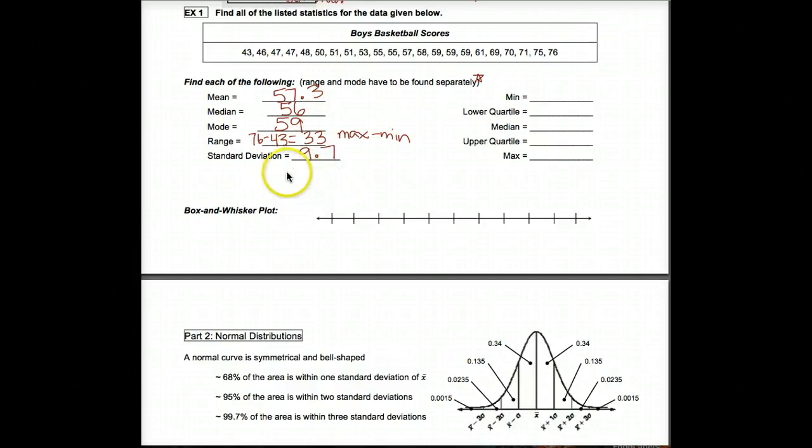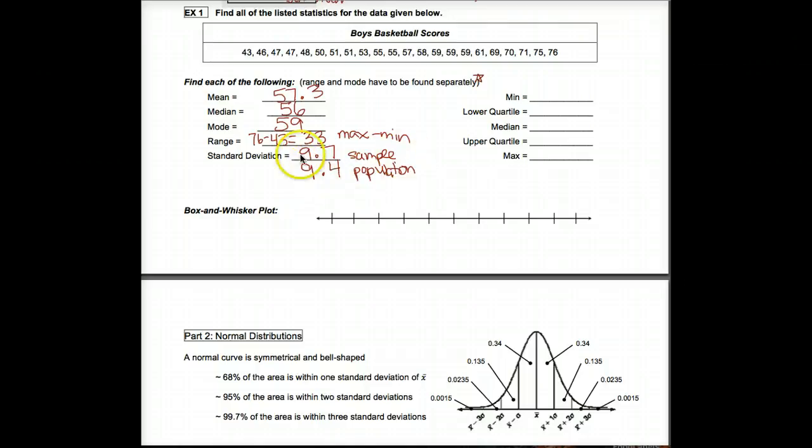If we're trying to apply it to a larger group, like if we were trying to take these boys basketball scores and make assumptions about all boys basketball scores, then we would use the population, which was listed at 9.4. So these are our standard deviations.